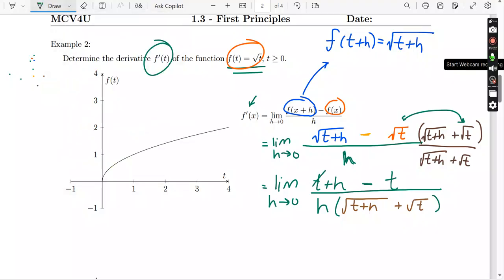Okay, and then up top, that cancels out. The t's cancel out. Okay, once the t's are gone, I also notice the h's will cancel out as well. And all I'm left with is limit as h approaches 0, 1 up top, and in the denominator I'll have root t plus h plus root t. Okay.